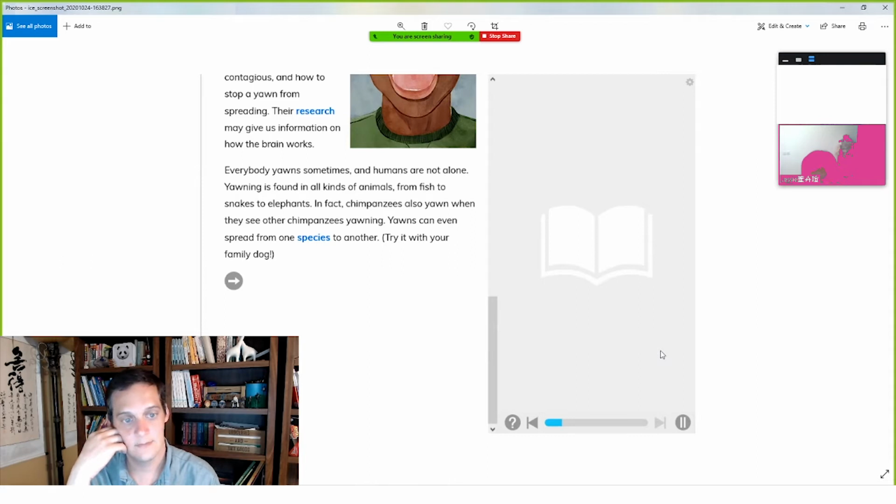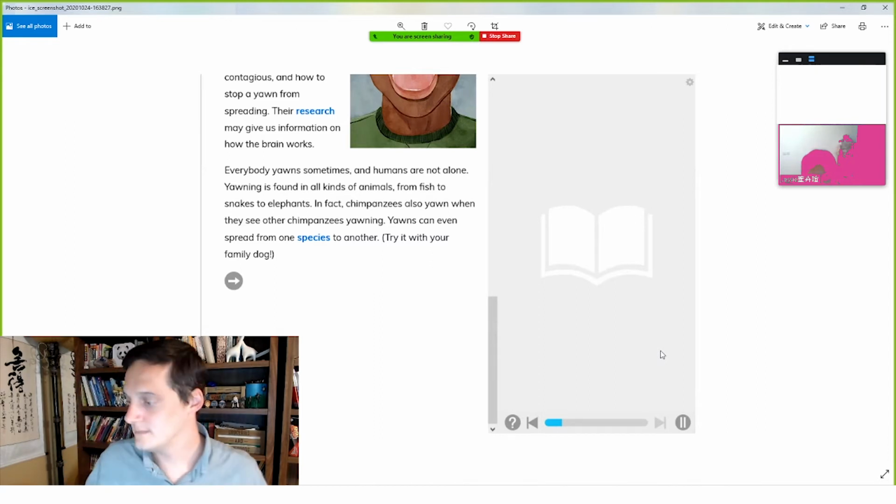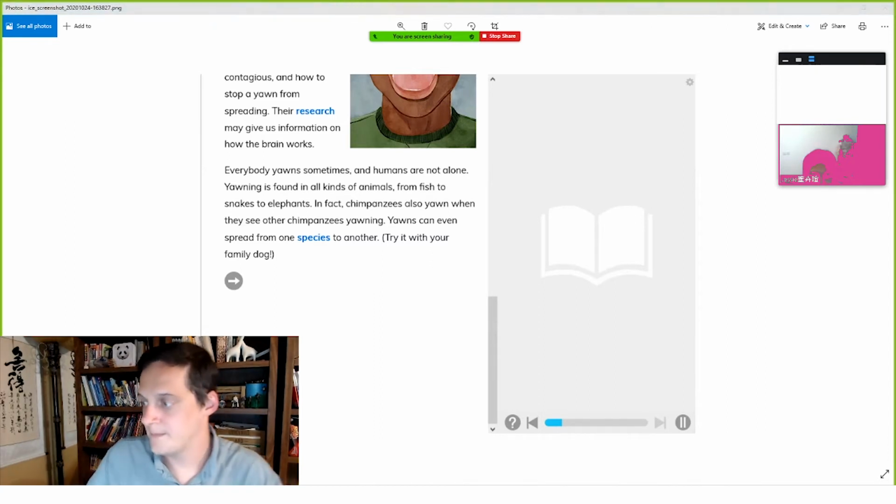Yawns can even spread from one species to another. Remember that word that we learned before, the species. Try it with your family dog.